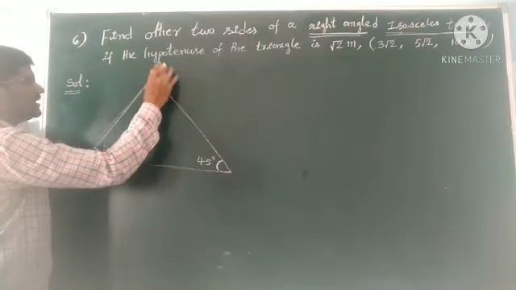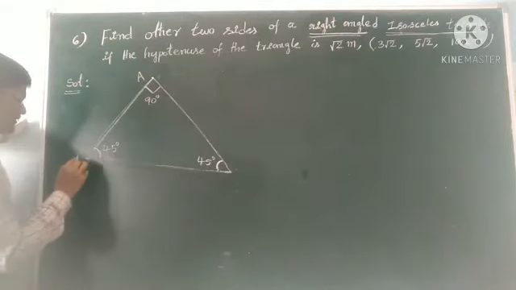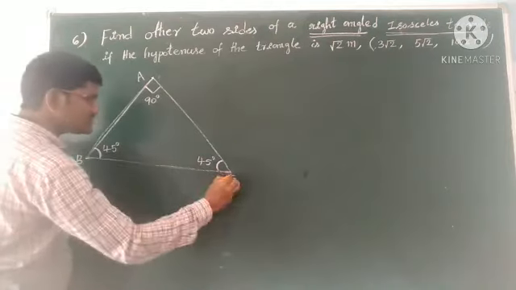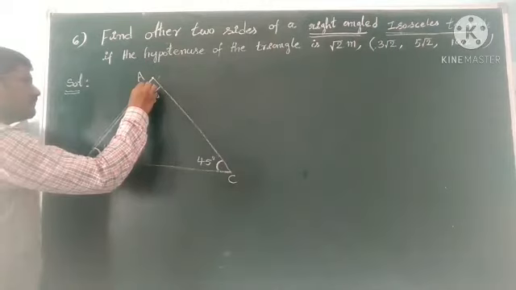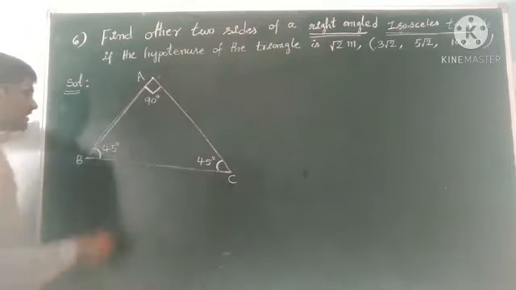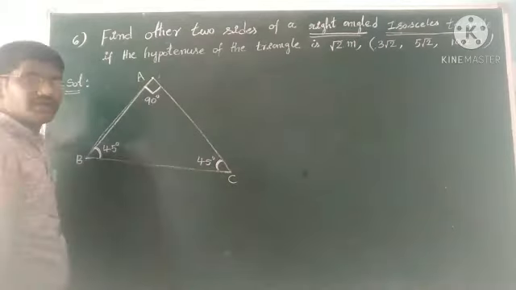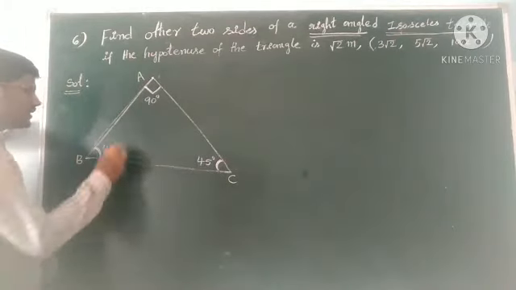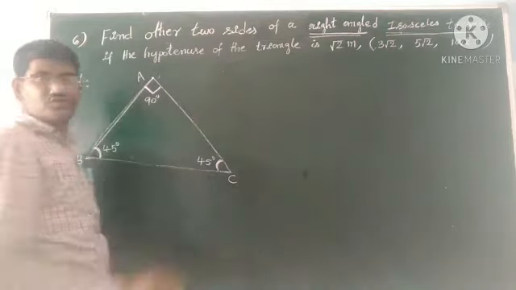Take the triangle ABC, where one angle is 90 degrees and the other two angles are 45 degrees, 45 degrees. Two angles are equal, so the opposite sides are also equal. That is the isosceles triangle.